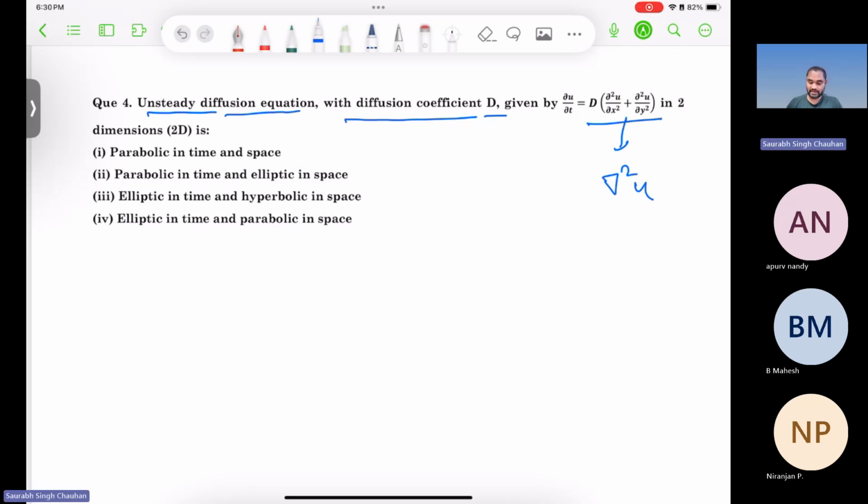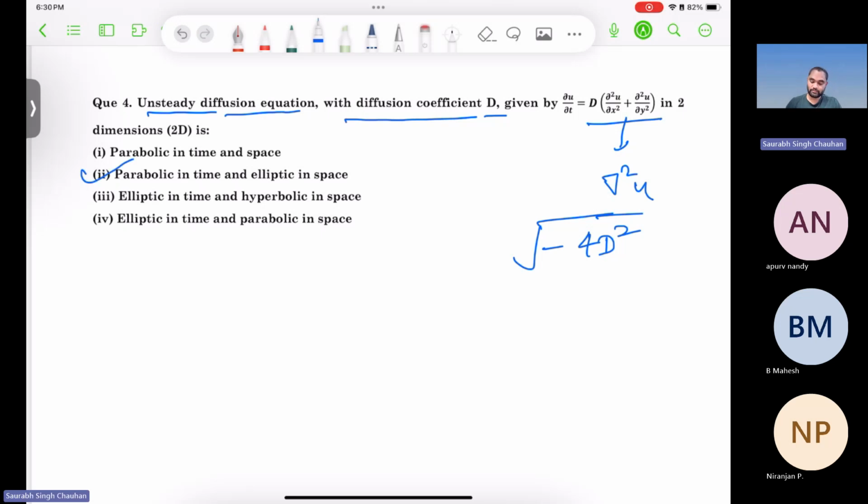Yes, B is 0 and A and C have some positive value, right? So it will be under root minus 4 D square, right? Some imaginary number, right? So there is no real characteristic in space. So it is elliptic in space and parabolic in time, right?